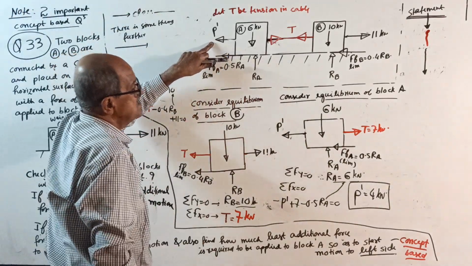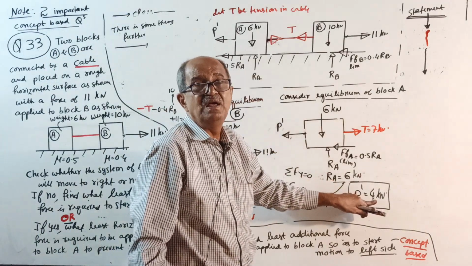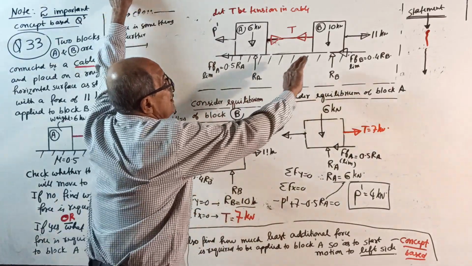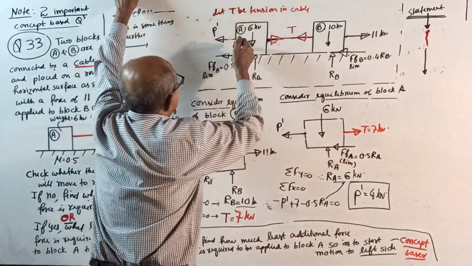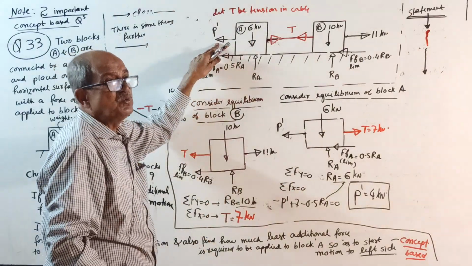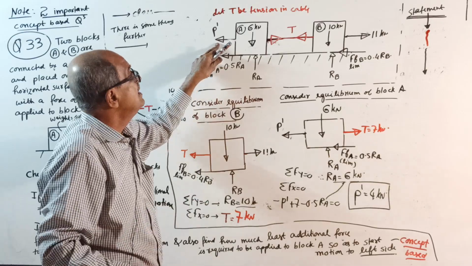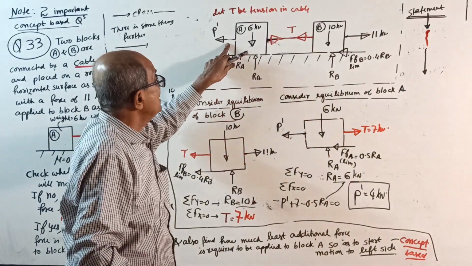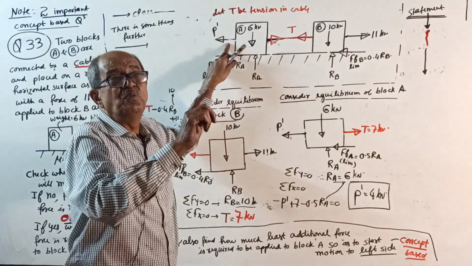Your P dash came how much? P dash came 4 kilonewton. Now, something extra. 11 is already applied. Your P dash equals 4. So, if it is less than 4, the system will move to the right side. When it is 4 kilonewton, it is on the verge of moving to the right side.